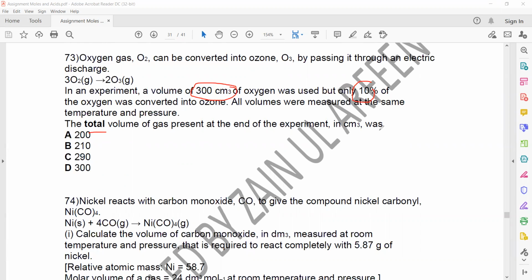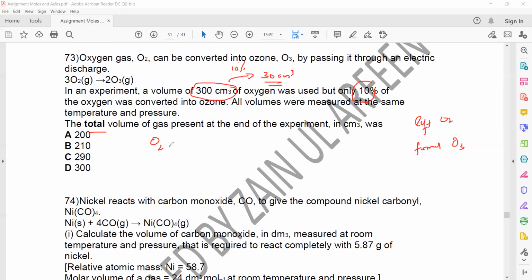So the total volume of the gas will be the left oxygen and the formed ozone. So first, out of 300, only 10% is converted. What is 10% of 300? That is equal to 30. So basically 30 cm cube of oxygen is used up.